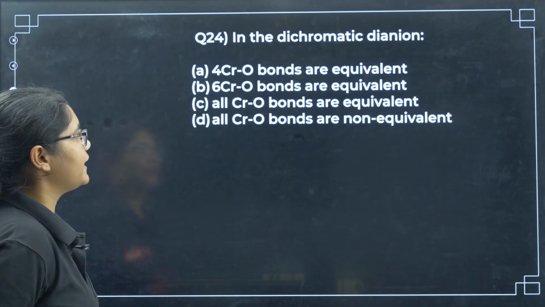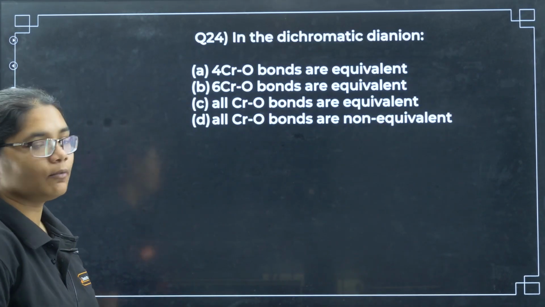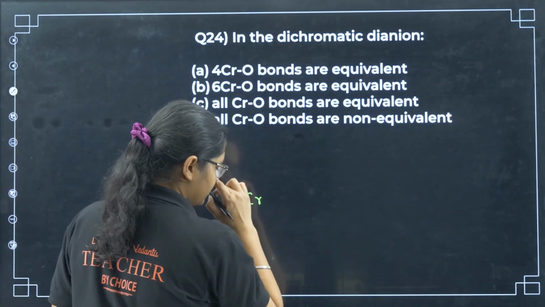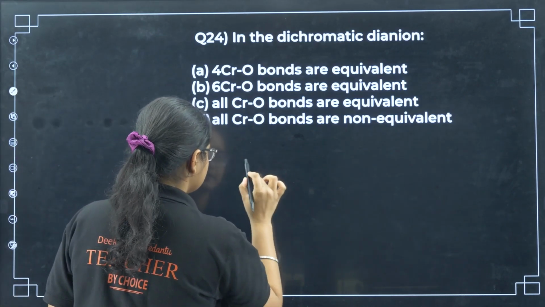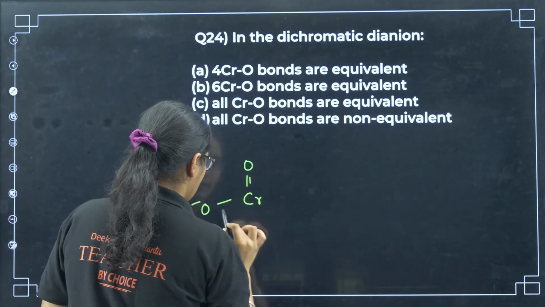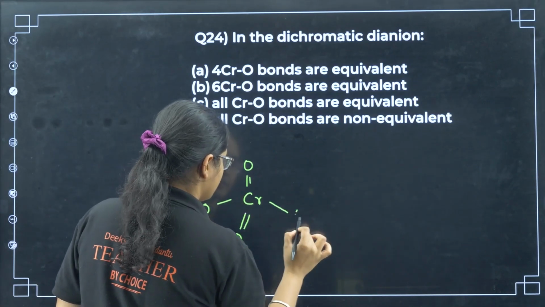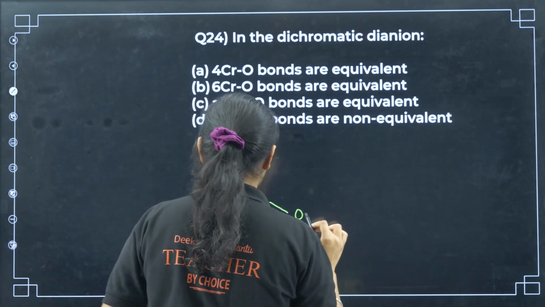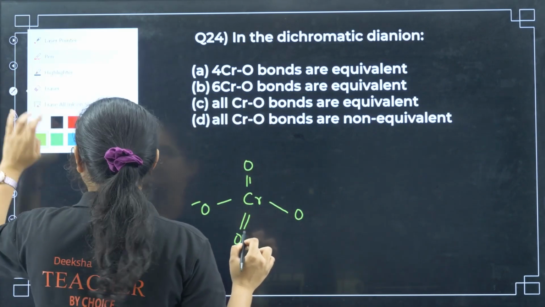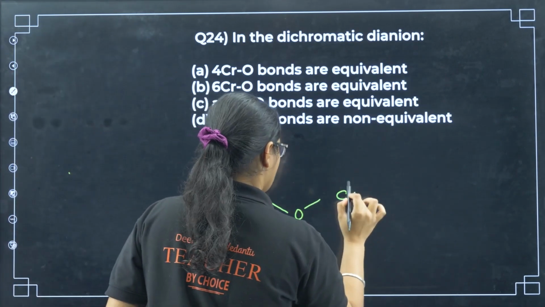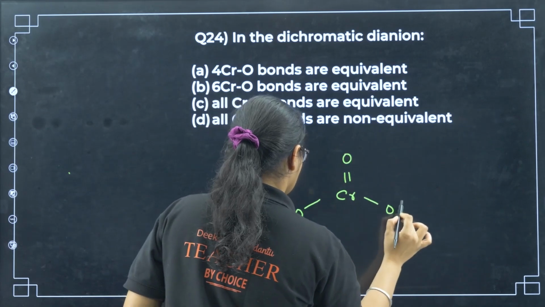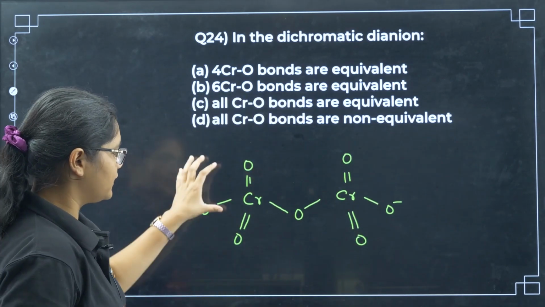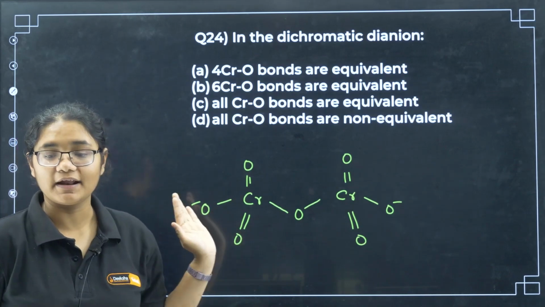Next, in dichromate dianion, what are the bonds present? If you see dichromate, Cr2O7 2 minus, it is like this. Okay, so now you can see that here these all oxygens are under resonance.